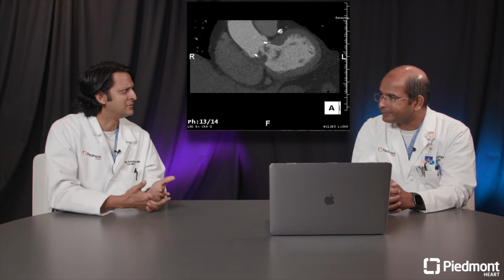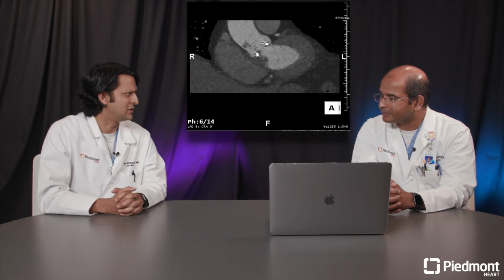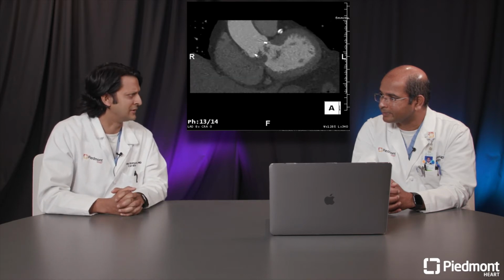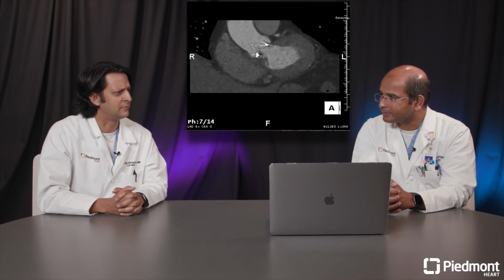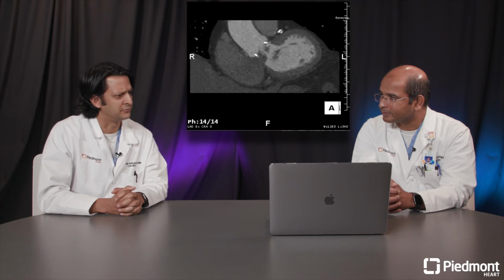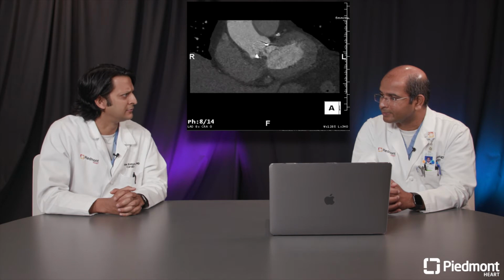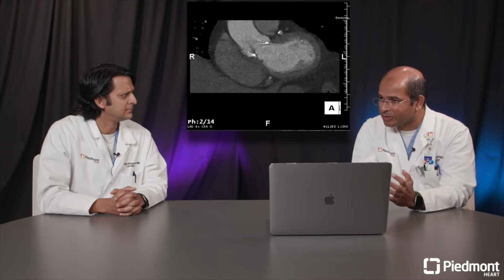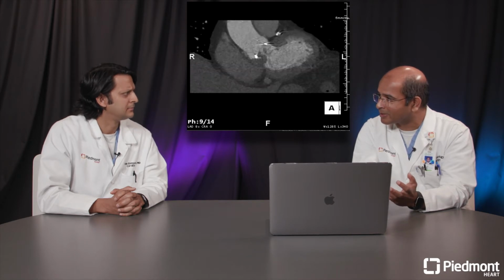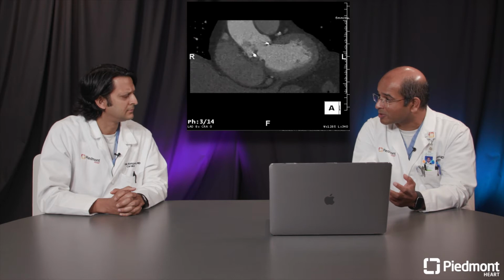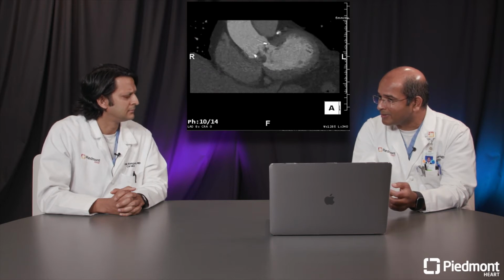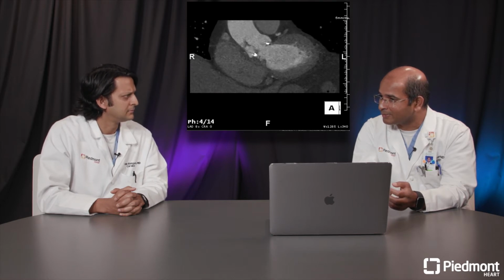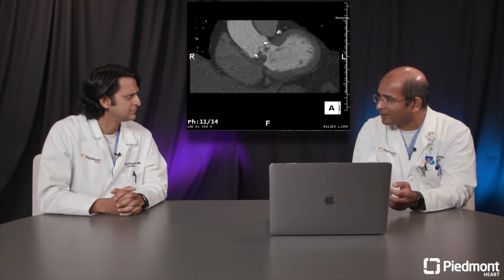What do you think about using CT angiography to look at these bioprosthetic valves, particularly to look for vegetations and also look for the complications of endocarditis? CT is actually a very good technique to use in these situations, especially with the newer generation CT scanners, which have high temporal resolution. The spatial resolution has always been good, so you're able to see small vegetations that are mobile really well.